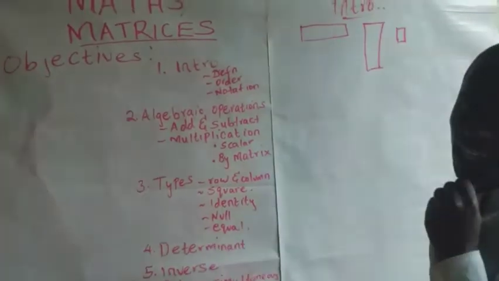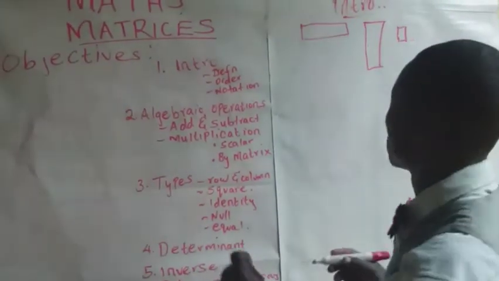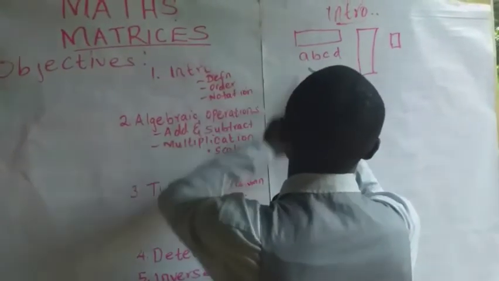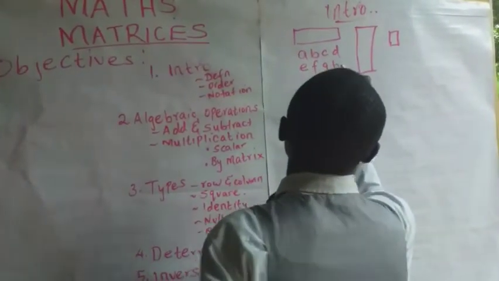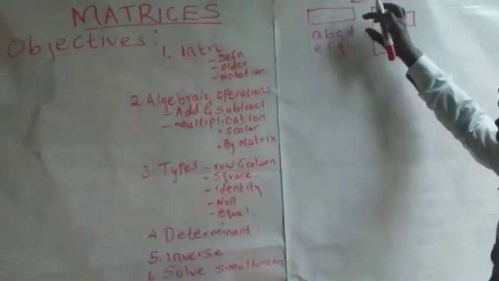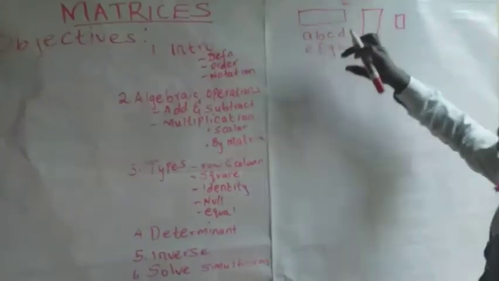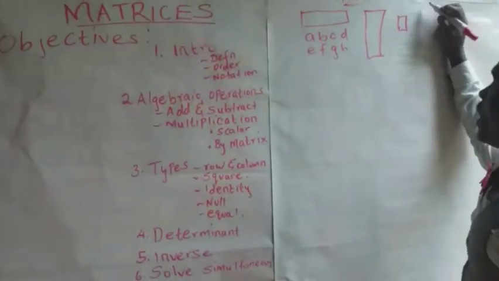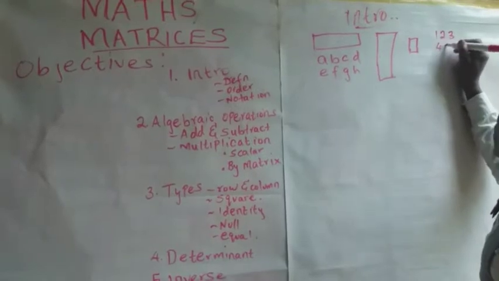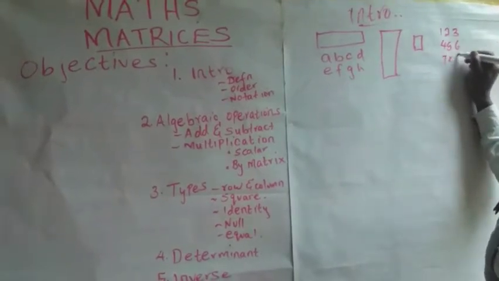So if I say it's a rectangular arranged number of symbols, you can think of it this way: A, B, C, D, E, F, G, H. So these are different letters that are arranged in a rectangular manner. You can also think of numbers that are arranged in a rectangular manner, such as this.